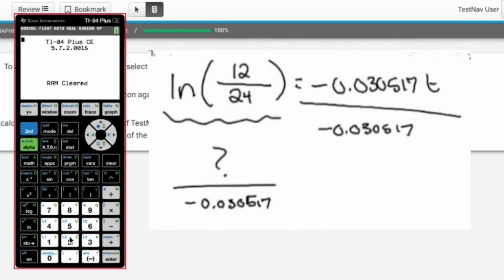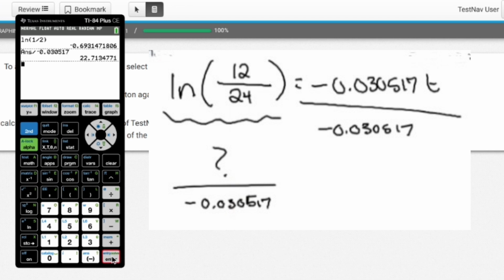All right, so this time I'm going to take ln of 0.5, or a half, however you want to write it out. Hit enter, and it gives me that number, negative 0. Who cares? What I'm going to do is divide that number by negative 0.030517, hit enter, and I get something to the tune of 22.713.